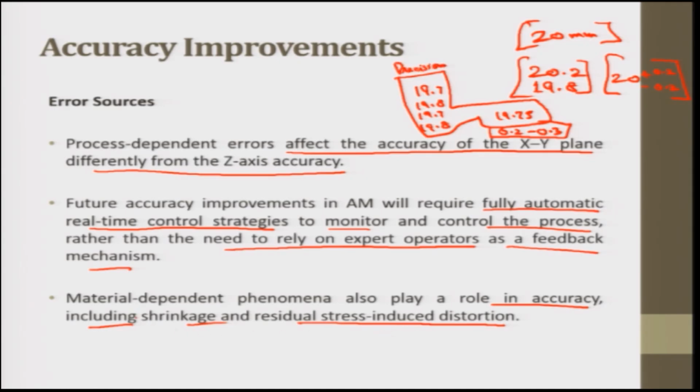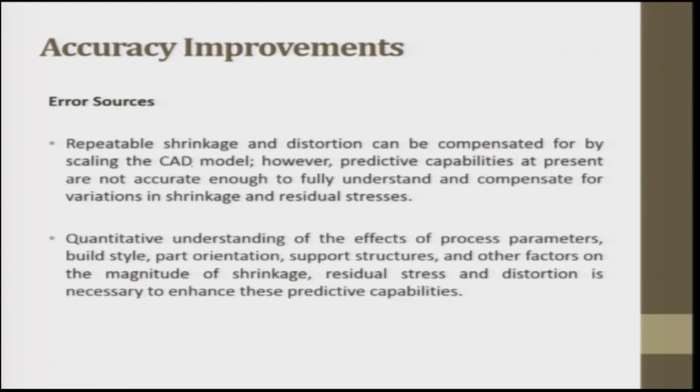So, accuracy: material dependent phenomena also play a role in accuracy, including shrinkage and residual stresses. Repeatable shrinkage and distortion can be compensated by scaling of the CAD model. However, predictive capabilities at present are not accurate enough to fully understand and compensate for variations in shrinkage and residual stresses.